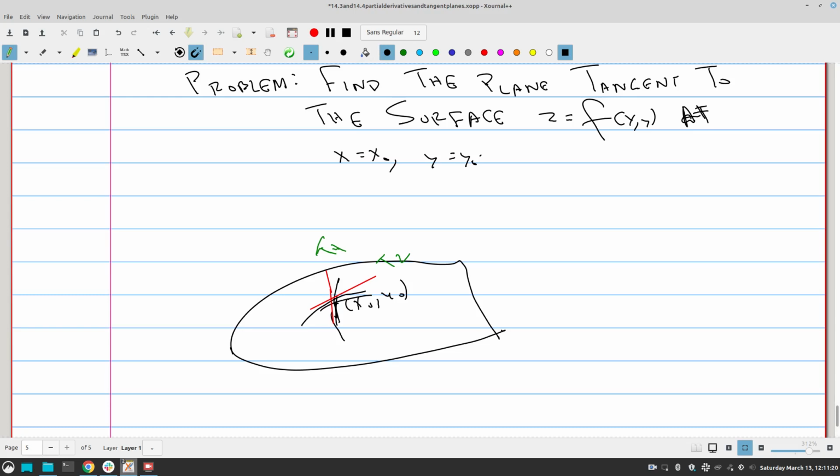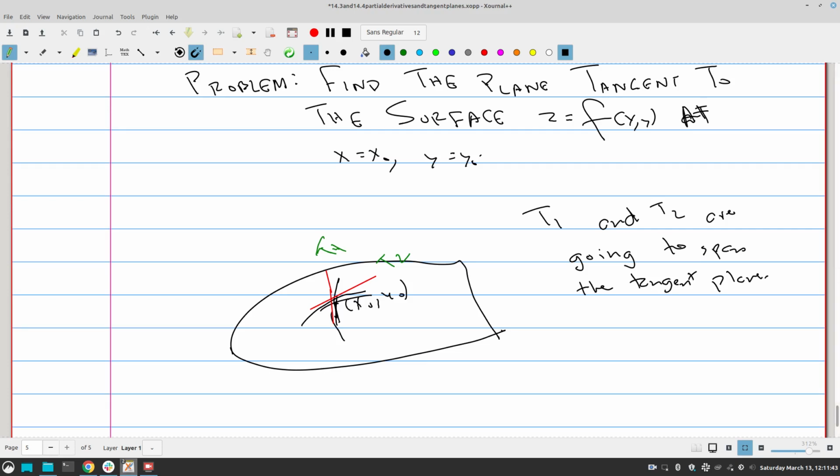T1 and T2 are going to span the tangent plane. What do I mean by that?